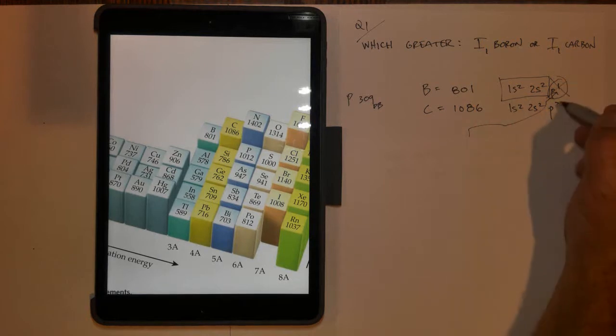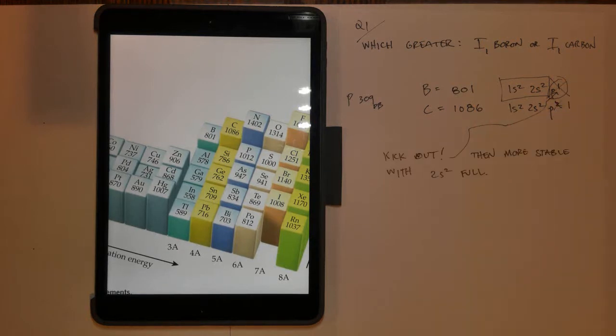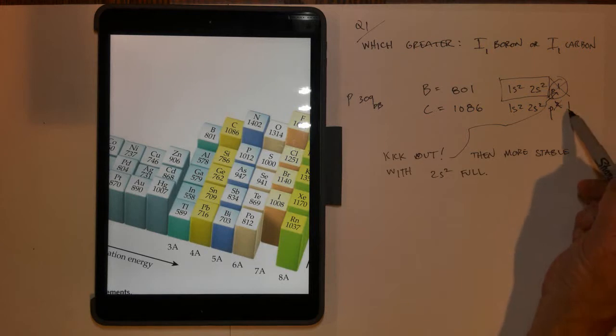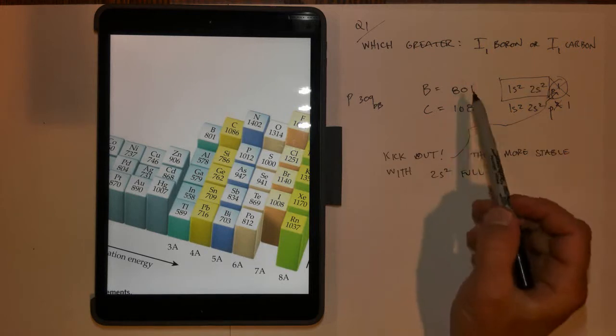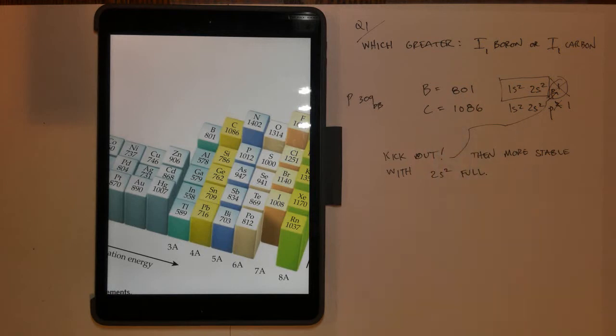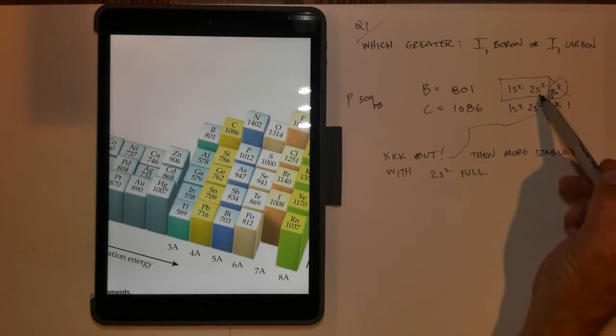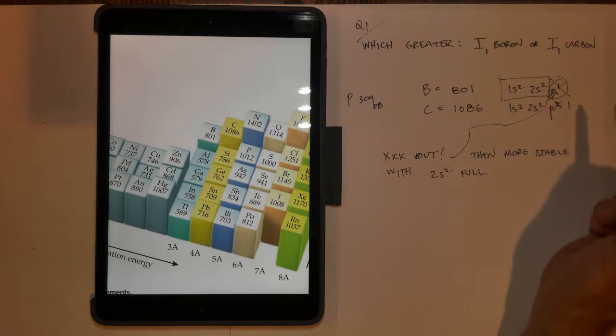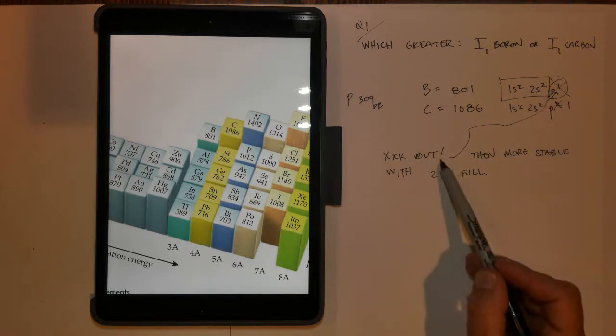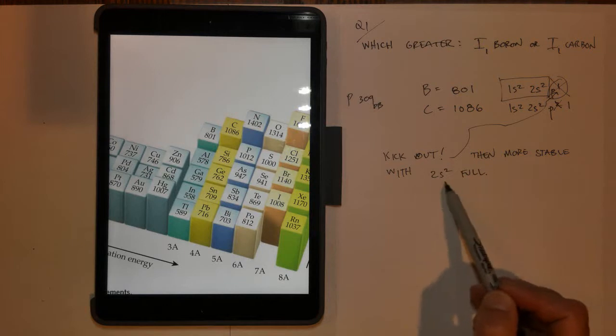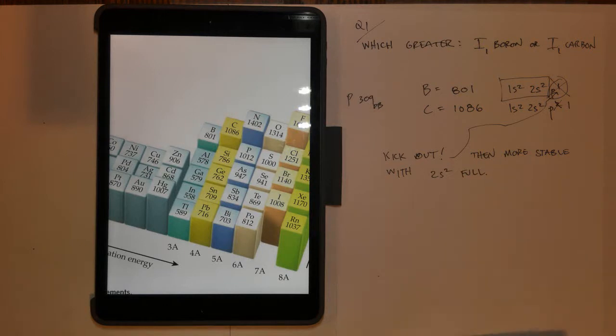Whereas in carbon, if we removed one electron right here, we'd still have one electron in the 2p orbital, not nearly as stable as the boron. And so that's why it would take less energy to remove this electron right here, because the stability would be greater after it's removed than carbon. So when it's kicked out, it's more stable with the 2s orbital full.